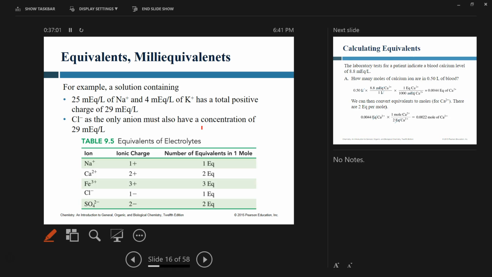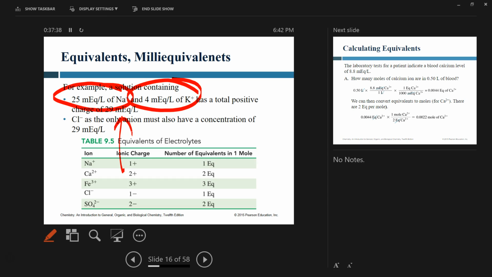Now, it is important because it allows you to address the question of how many solutes in general you have. For example, imagine that you have a mixture of a solution of sodium chloride and potassium chloride. And you know that there are 25 milliequivalents per liter of sodium and 4 milliequivalents per liter of potassium. So the total positive charge of the solution will be 29 milliequivalents per liter.